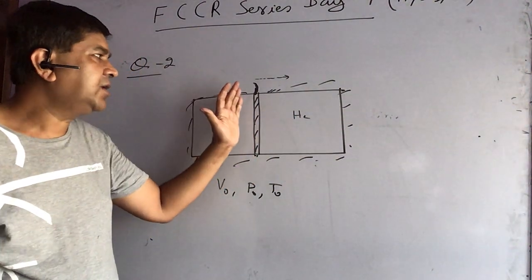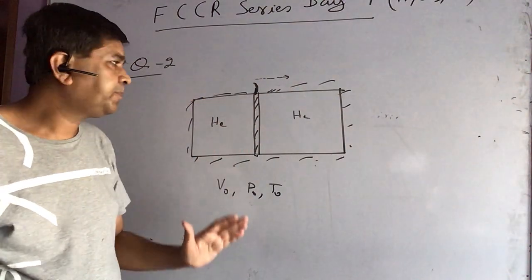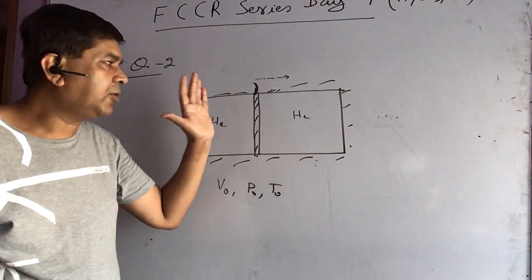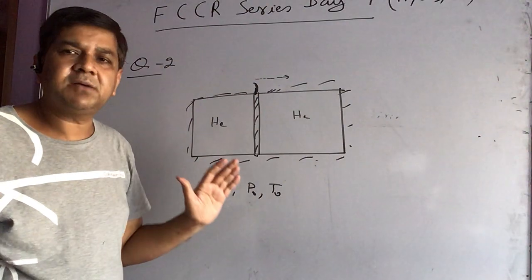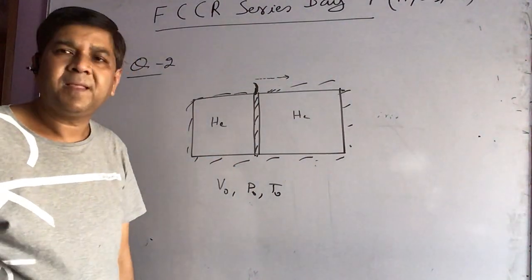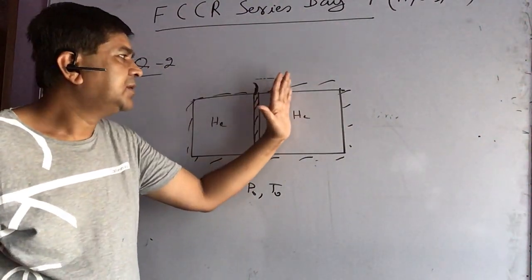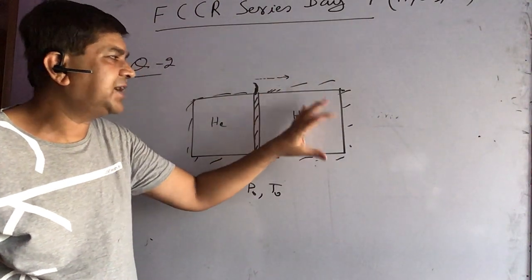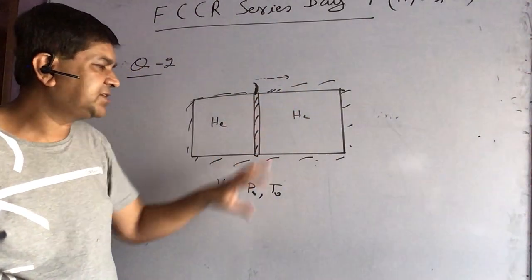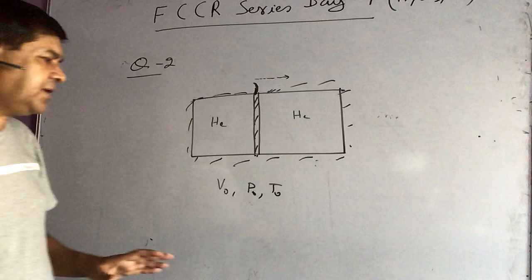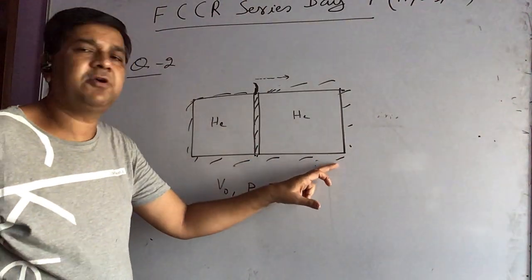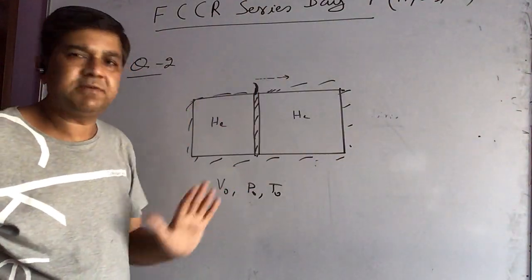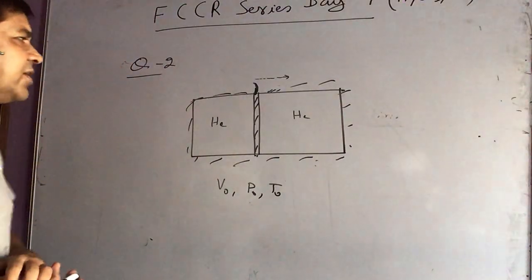What is the work required to slowly move the piston so that the volume on the right side becomes half of its initial volume? Since the initial volume is V0/2, the final volume on the right side will become V0/4. So what is the work required in this process?